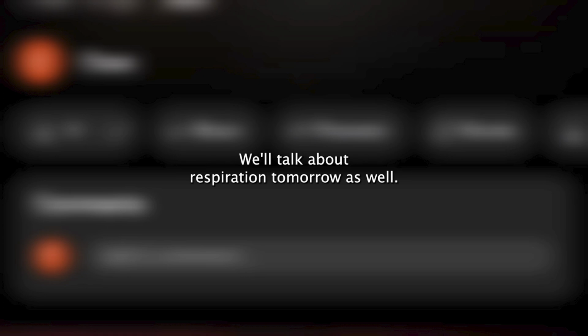Okay, this page we're going to talk about tomorrow. So just turn the page again. We're going to be doing the rotator cuff tomorrow, and I don't want to really get into that. We'll talk about respiration tomorrow as well.